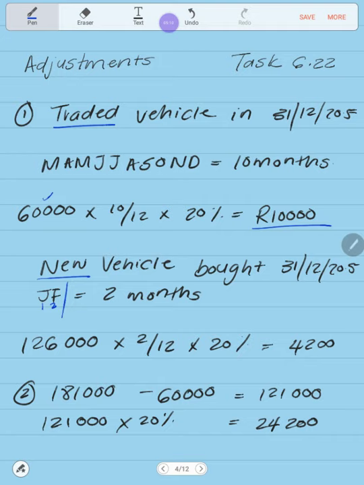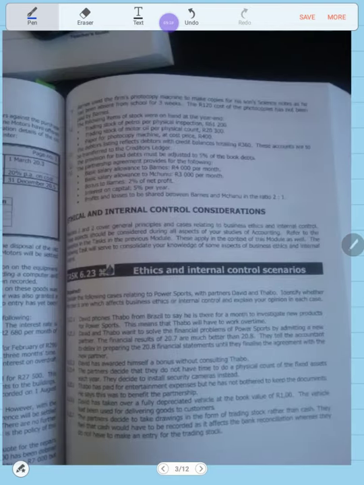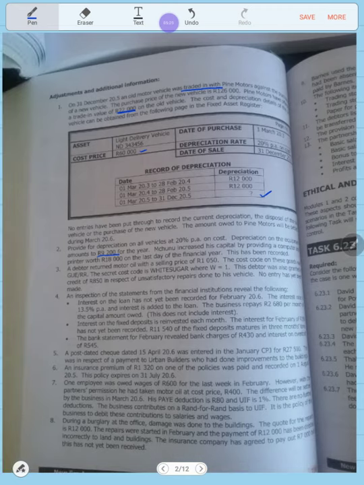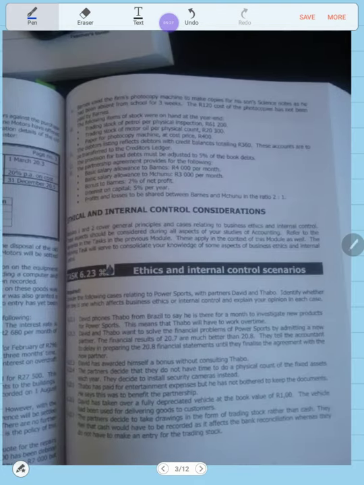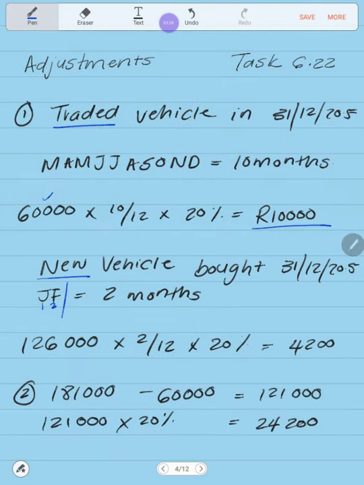I took the cost price and I multiplied it by 2 over 12 times 20%. Where did I get that cost price? They told me the purchase price of the new vehicle is 126. So I took that 126 and I worked it out. The depreciation on the new vehicle is 4,200.